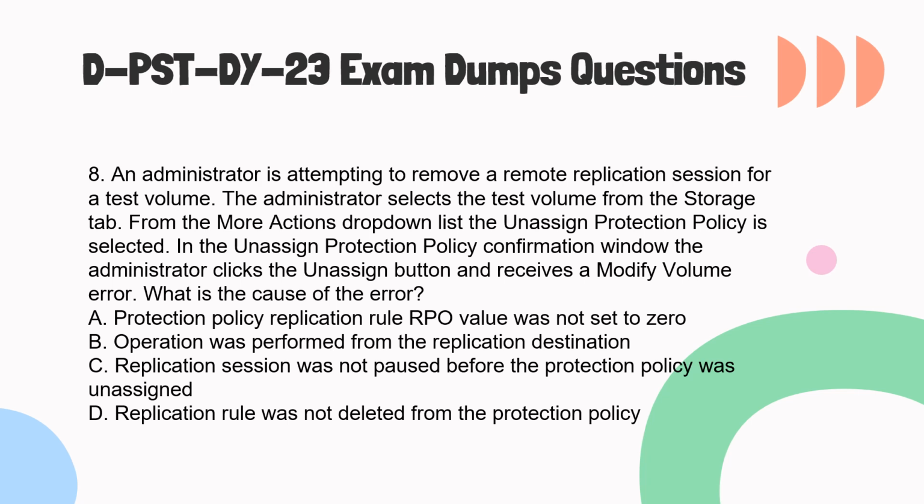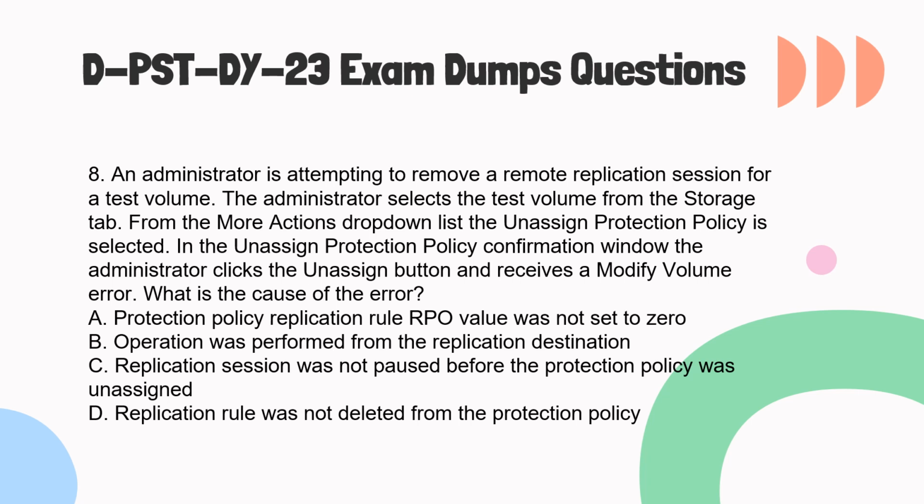8. An administrator is attempting to remove a remote replication session for a test volume. The administrator selects the test volume from the Storage tab. From the More Actions drop-down list, the Unassign Protection Policy is selected. In the Unassign Protection Policy confirmation window, the administrator clicks the Unassign button and receives a Modify Volume error. What is the cause of the error?